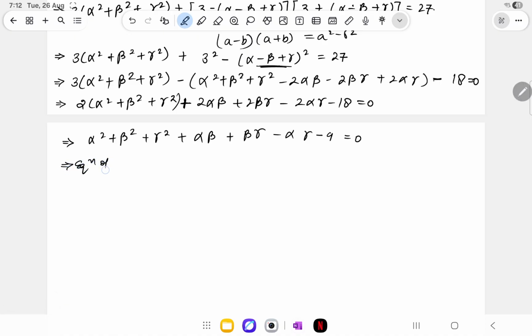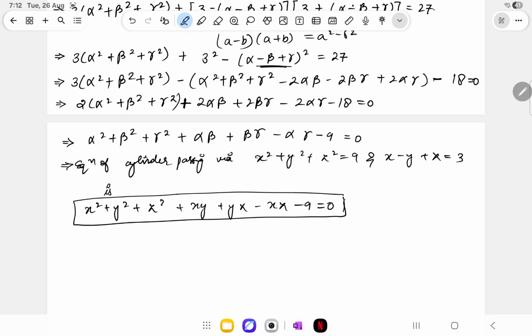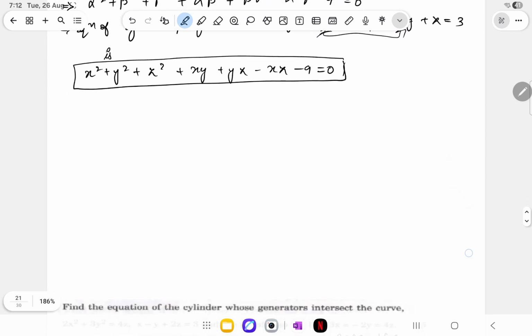So the equation of the cylinder passing via a sphere, that is x square plus y square plus z square equals to 9, and plane x minus y plus z is equals to 3, is x square plus y square plus z square plus xy plus yz minus xz minus 9 equals to 0. So this is basically my equation of the cylinder which is passing via the circle, which is the intersection of the plane and the given sphere. So this is what we are supposed to prove.